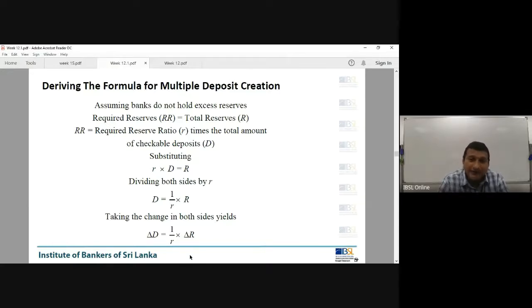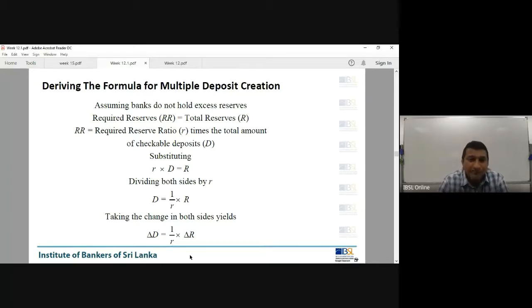So you can represent required reserves equal to total reserves as nothing but small r times D. The required reserve ratio times the checkable deposits equals total reserves, because in the simple formula we have recognized required reserves as the total reserves, since we have taken the excess reserve out of consideration.